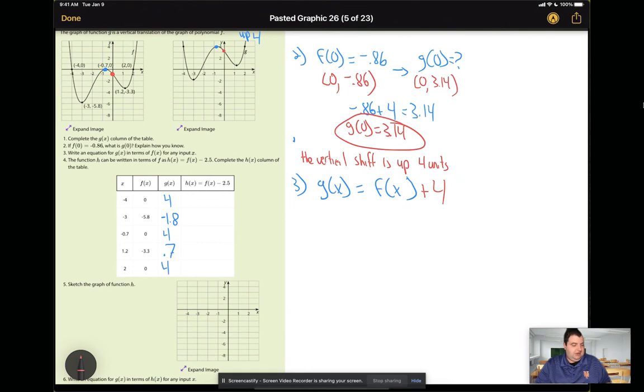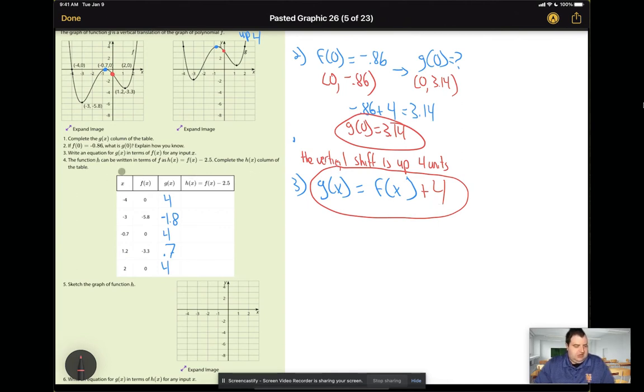So write an equation for g of x in terms of f of x. This is my equation right here: g of x equals f of x plus 4. We didn't do the opposite, so we did the plus. Up means positive, and we put it outside the parentheses.